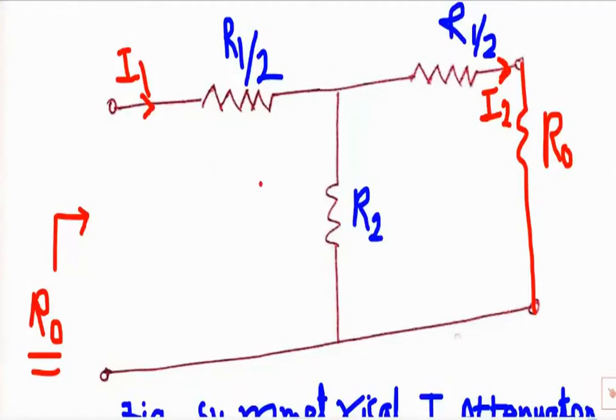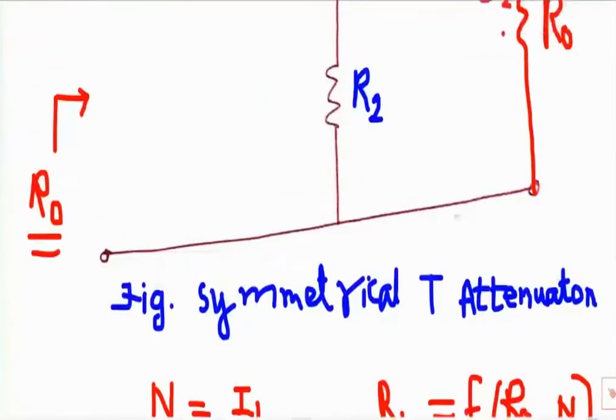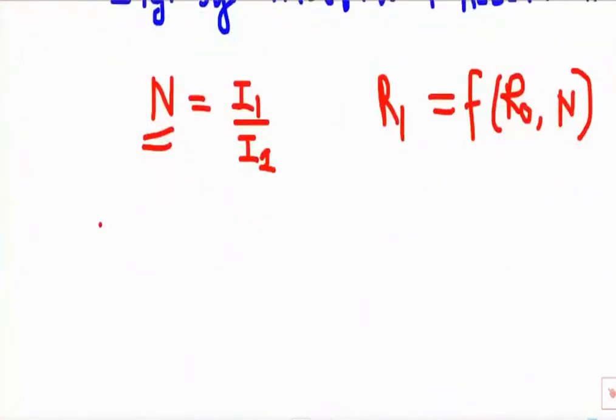Then replace I1 by I2 with capital N, and R0 is already present. Solve the equations and you will get the formula for R1.